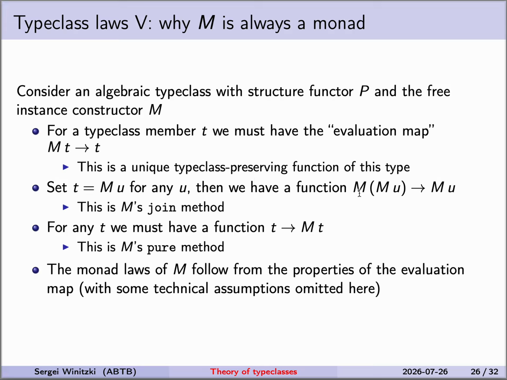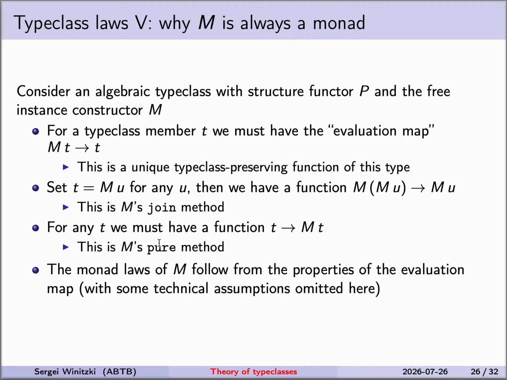So for instance, the associativity law of join is m of u transformed into m of u. And that's again a type class preserving function, so it must be unique. And this uniqueness tells us that the left-hand side of the associativity law is equal to the right-hand side of the associativity law by uniqueness. So this is very interesting. I'm not going to give the details here, but this is the approach and the value it gives.